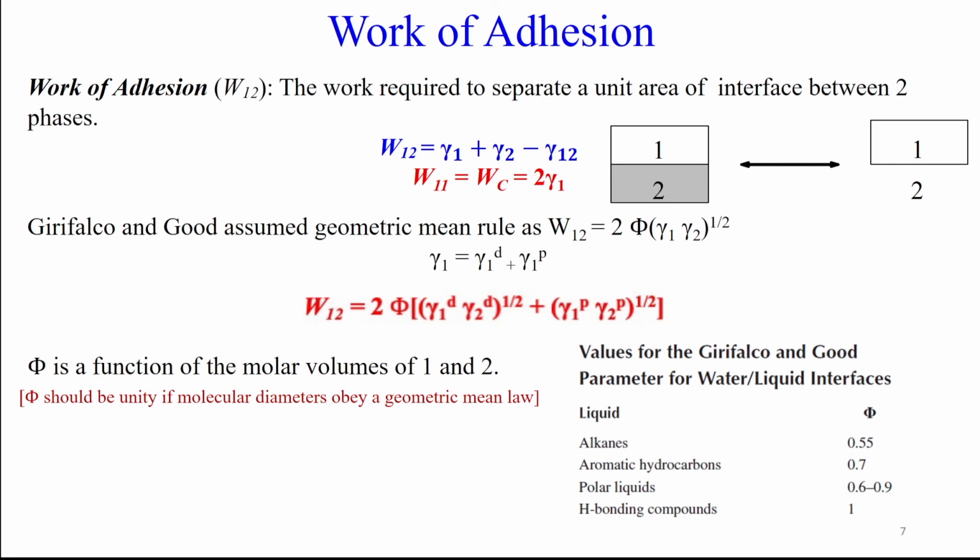Now, we will just see how we calculate the work of adhesion. Work of adhesion between 1 and 2 is the work required to separate the unit area of the interface, and W12 is the surface energy of 1 plus surface energy of 2 minus gamma 12, or you can say the surface energy of 1 plus surface energy of 2 minus interfacial energy.